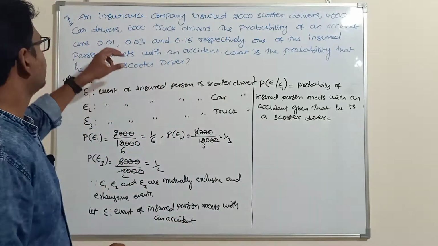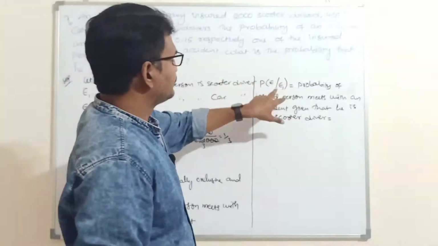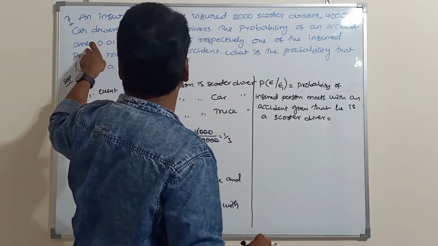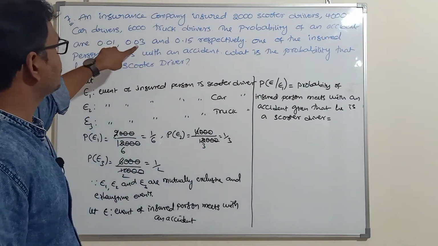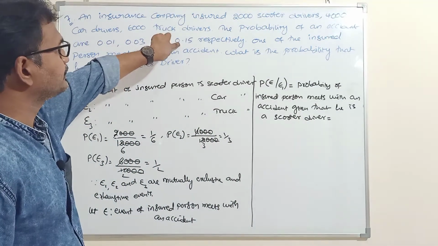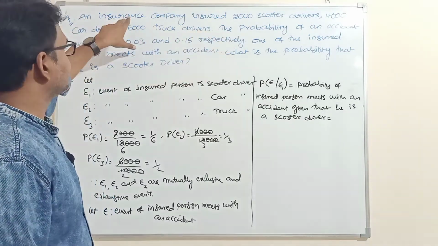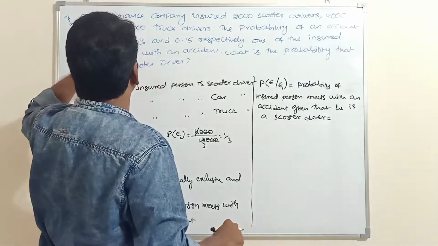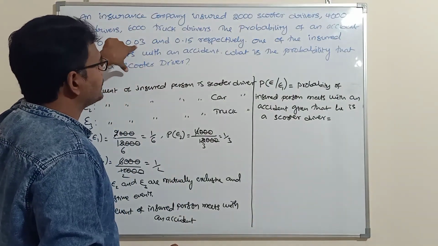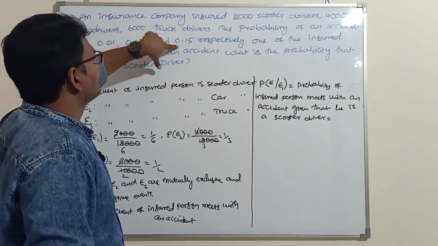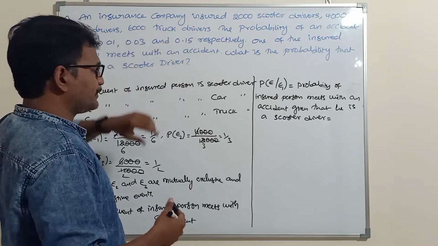Here it is given that the probability of an accident is 0.01, 0.03 and 0.15 respectively. For scooter driver it is 0.01, for car driver it is 0.03 and for truck driver it is 0.15.